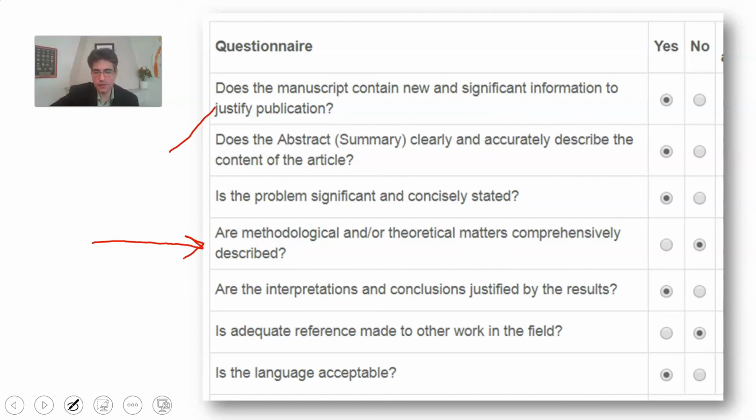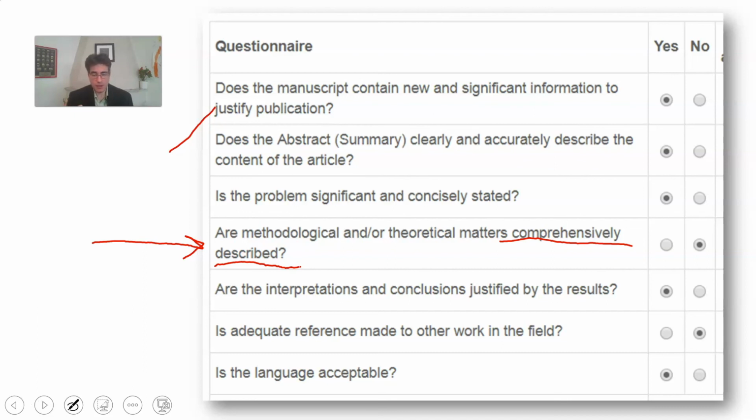And as you can see for this particular article, I think this was ultimately a rejection, it is no. It's not that the method is necessarily a poor design, but are they comprehensively described? Is there enough information to be able to decide as a reviewer or even a reader of the article that the data are meaningful, that the results are meaningful, or to be able to interpret what the meaning is of the results that arise from the method?